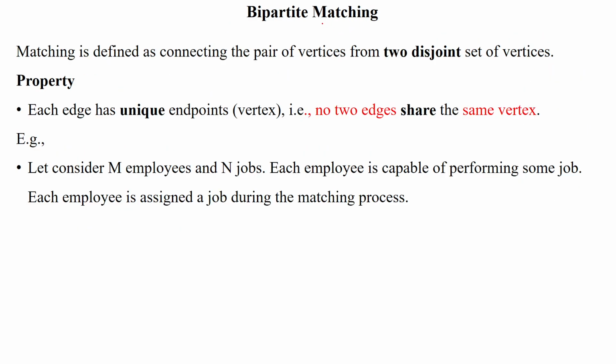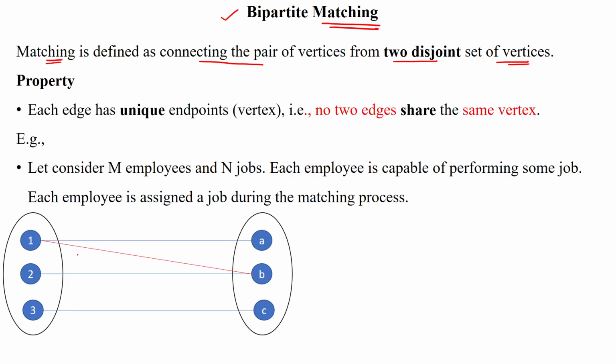Then we can identify the matching by using the bipartite graph. Here matching is defined as connecting pairs of vertices from two distinct sets of vertices. That means subset V1 has 3 vertices and subset V2 has 3 vertices.